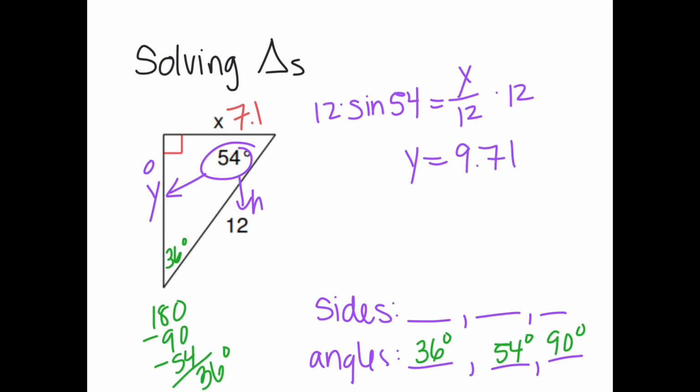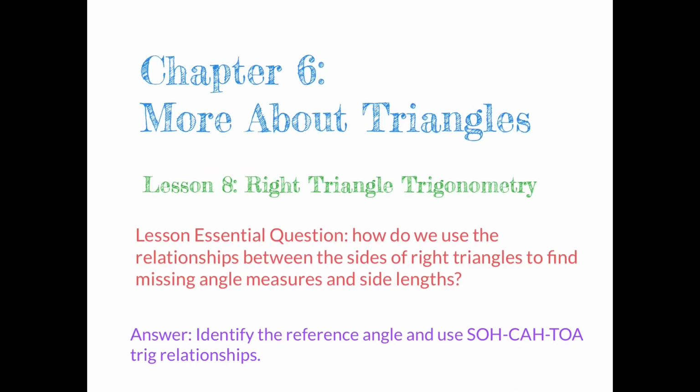So my 3 side lengths are 7.1, 9.7, and 12. And now we can call this right triangle completely solved because I know all 3 side lengths and all 3 angle measures. This concludes the video for Lesson 8, Right Triangle Trigonometry.